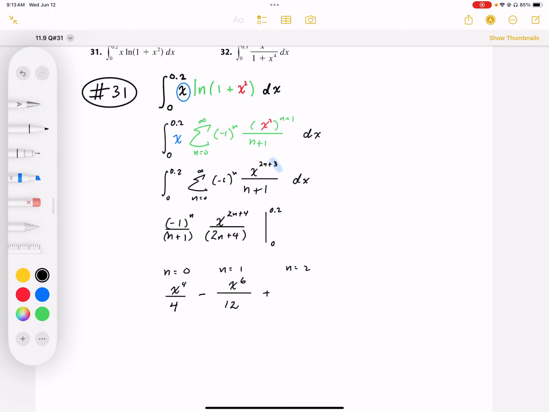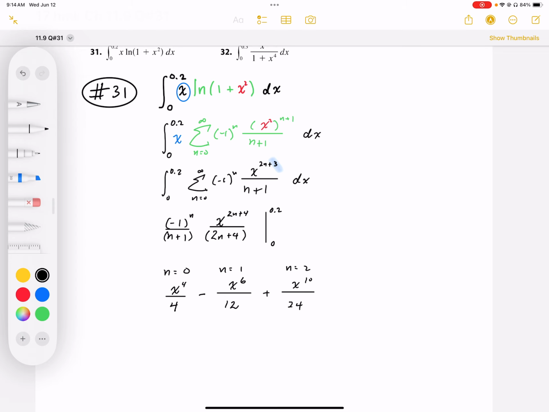Plus, when we plug n equals 2 in, we're going to end up with positive 3 times 8, that's going to give me 24. So we have x to the power of 8.